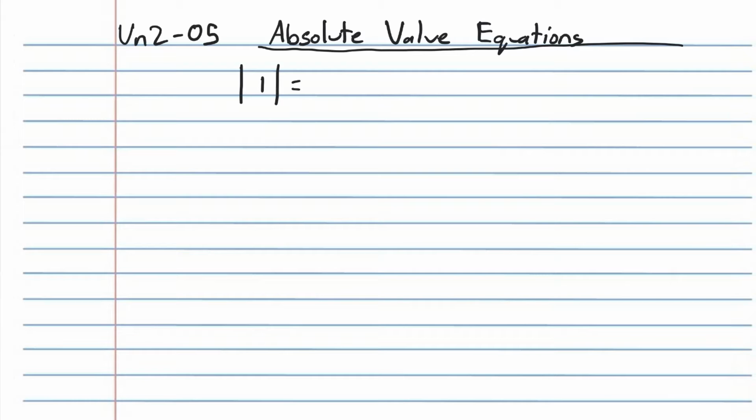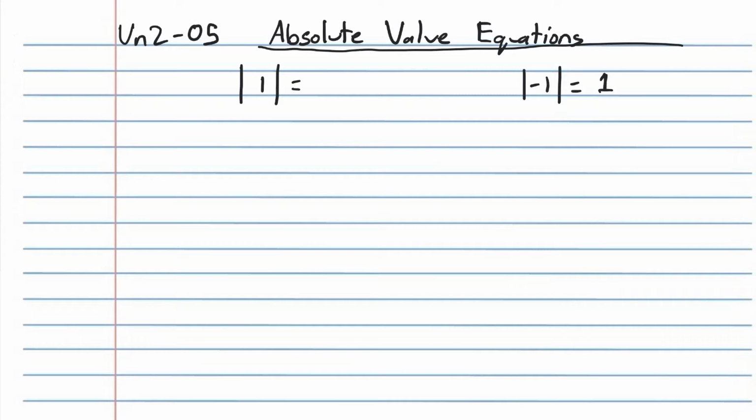One of the common misconceptions is that whatever's inside the absolute value bars just switches signs. For example, if I were to ask you the absolute value of -1, most students will remember that it is +1.